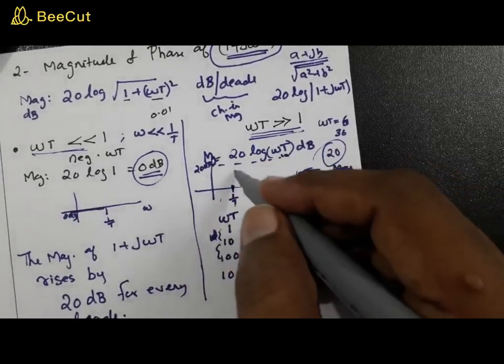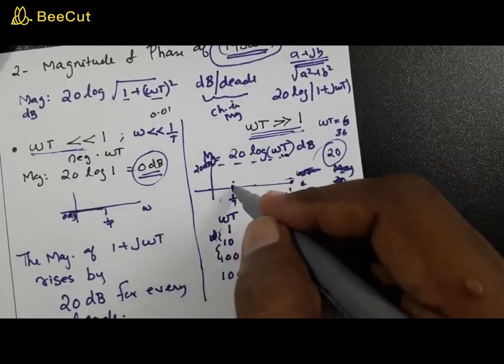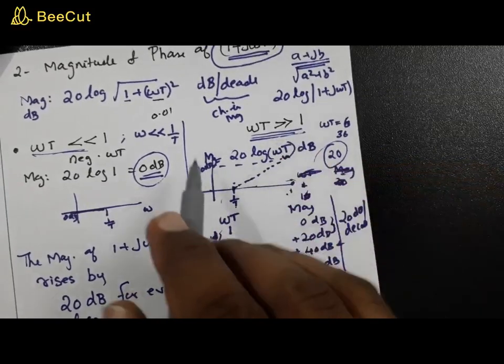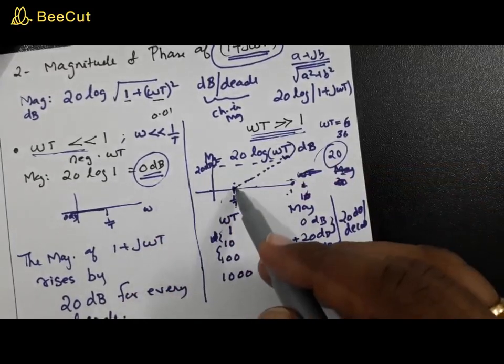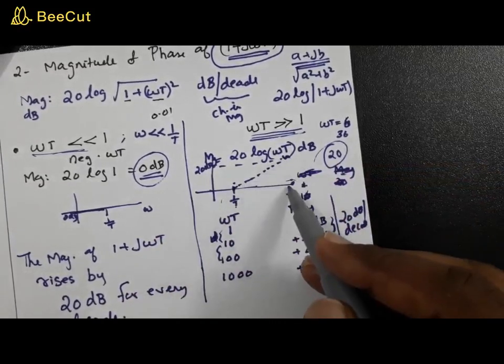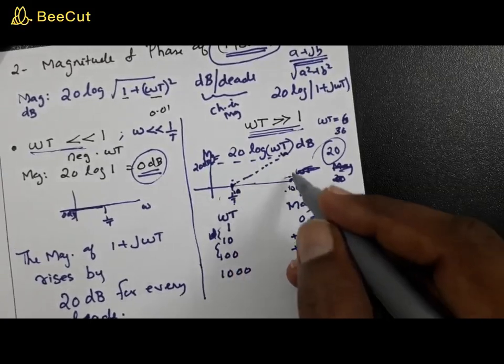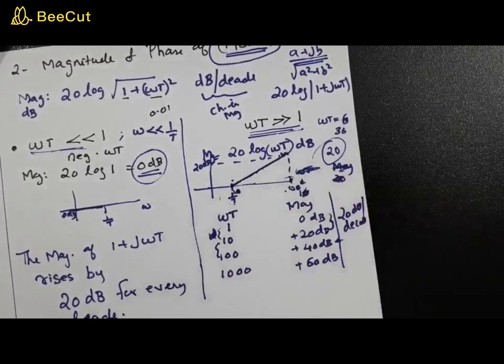If this is a decade, if this starts from here, up to this point it is 0 dB. Now once this reaches over here, what is the magnitude? The magnitude is 20 dB. That's the meaning of this. This keeps on rising and reaches 20 dB at the next decade. That is, say for example, if I am considering this as 10 and this one as 100, I can see that this particular graph varies accordingly.